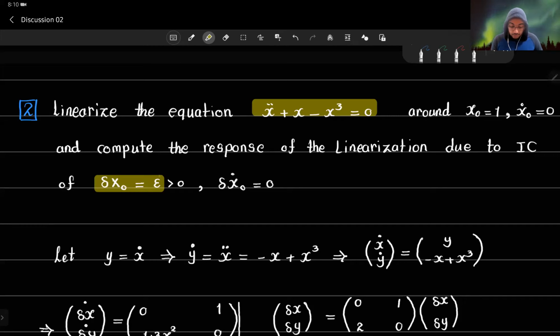We want that to be equal to some epsilon that is bigger than 0, and delta x dot, which is the velocity of that one, is equal to 0.